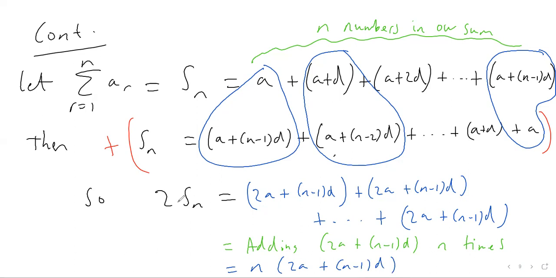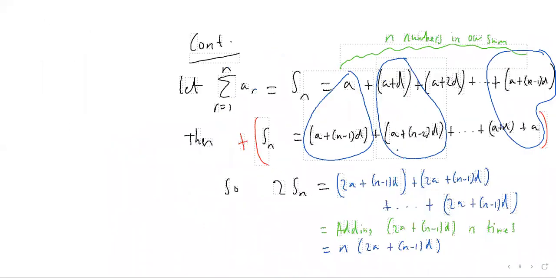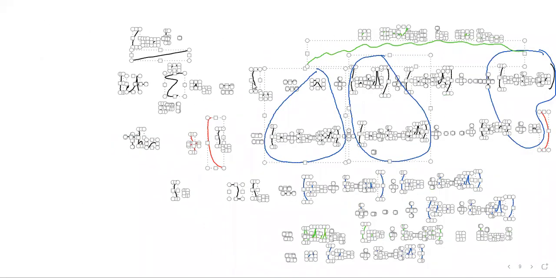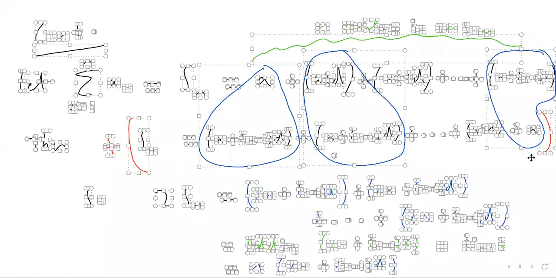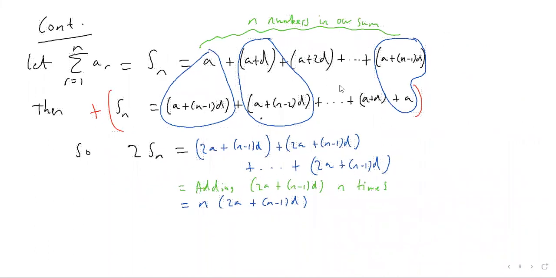But that's double the sum. So remember, this is 2 times the sum we wanted. We wanted to calculate Sn. That's the sum we actually want to prove. But that's actually going to be double the sum. Let me just try and make the writing smaller. There we go. And I'm just going to move it there. So therefore, we know that 2 times the sum we want, so 2 times Sn, equals n times 2a plus (n minus 1)d.